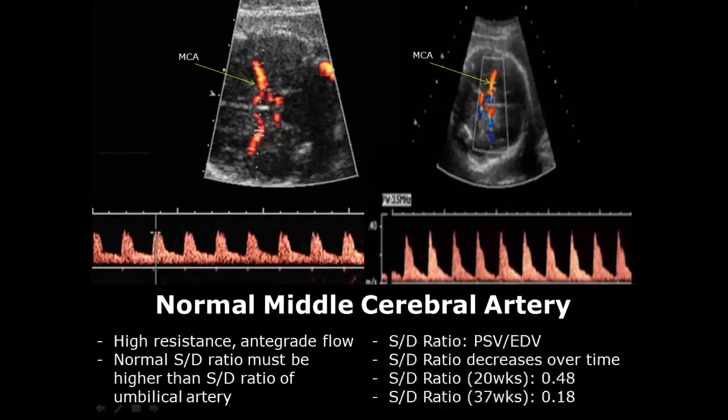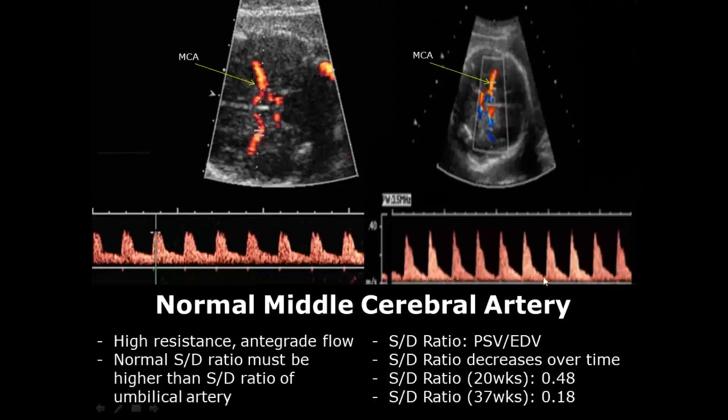The SD ratio is calculated by using this formula: PSV, that is peak systolic velocity, that is the highest velocity in the graph, divided by end diastolic velocity, that is the lowest velocity on the graph.